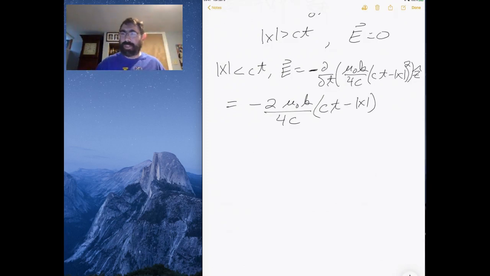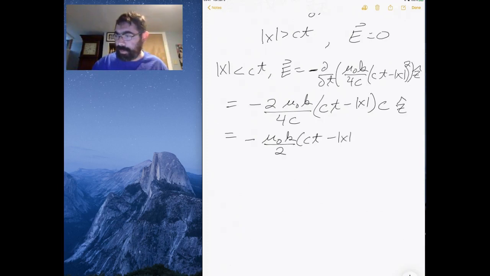We took the derivative of that once, now we apply the chain rule, and we get an extra c right there. All of that in the z direction. Therefore, the electric field in this range is going to be minus mu naught k over 2 times ct minus the absolute value of x, in the z direction.